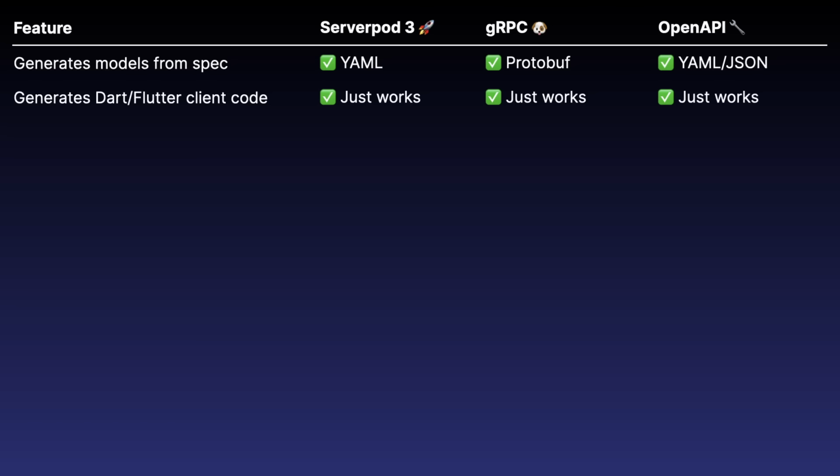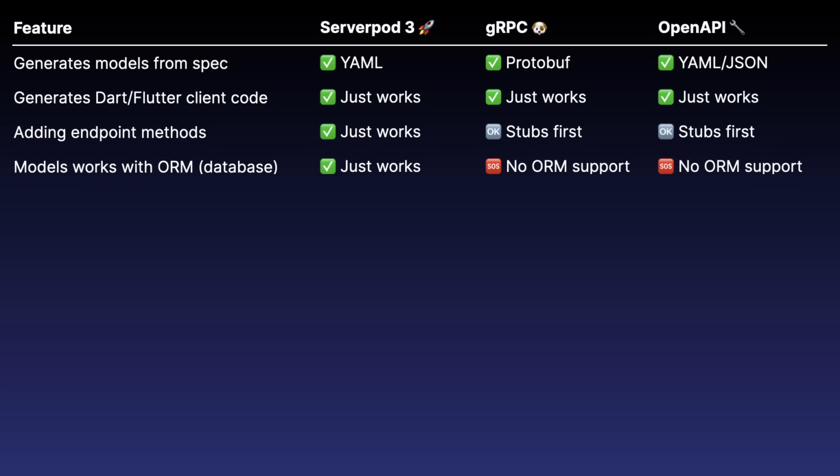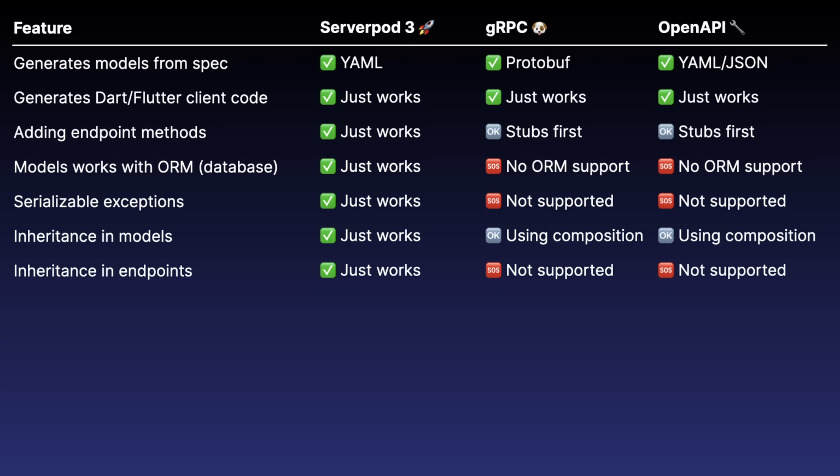Like Serverpod, gRPC and OpenAPI can generate models from a specification and generate your client code. But here the similarities end. Adding endpoints to gRPC and OpenAPI requires creating definitions and stubs first. They have no ORM, so you'll need a different system for that. Serializable exceptions are not supported, and there is no support for inheritance in models or in endpoints.